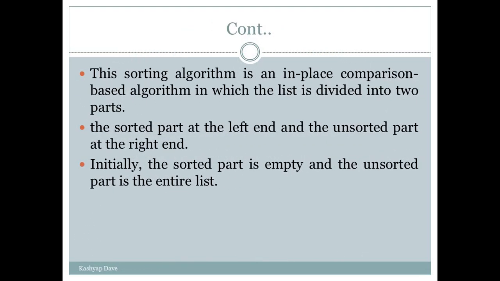This sorting algorithm is an in-place comparison-based algorithm in which the list is divided into two parts, the sorted part on the left side and the unsorted part on the right side. Initially, the sorted part is empty and the unsorted part is the entire list. Okay?